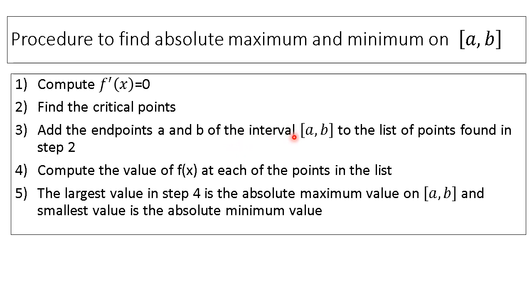Here endpoints are A and B. The largest value in step 4 is the absolute maximum of the function on the interval AB, and the smallest of the values of step 4 is the absolute minimum of the function on the closed interval AB.